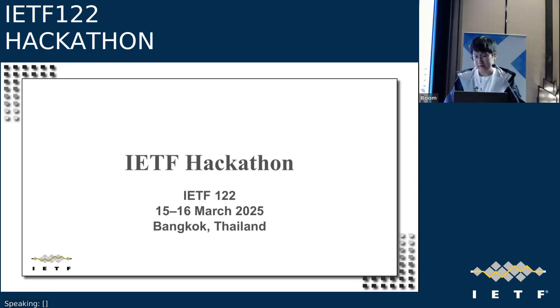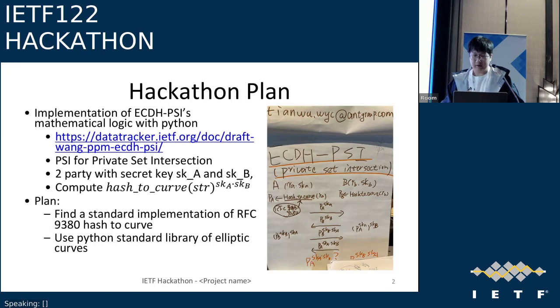I'm Yuchen Wang from Ant Group, and I want to present our hackathon plan about the implementation of ECDH PSI in Python. Here is our proposal, which we think may be of interest to the PPM work group. What is PSI?